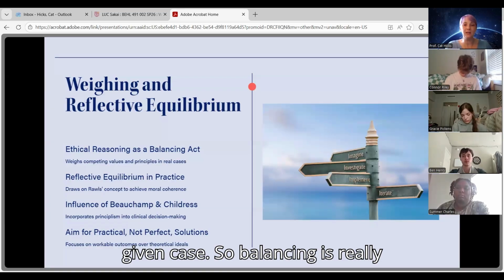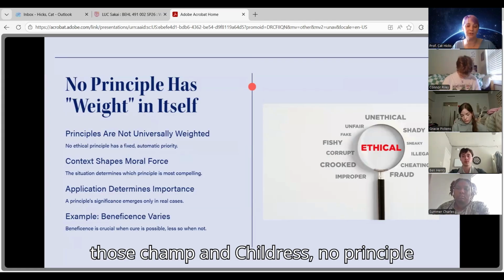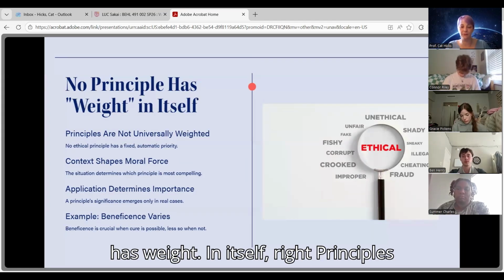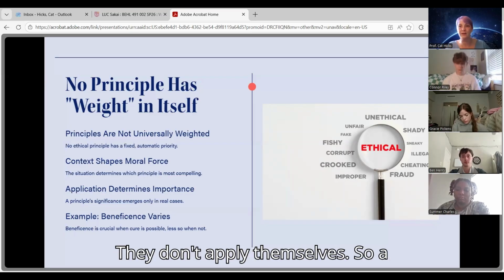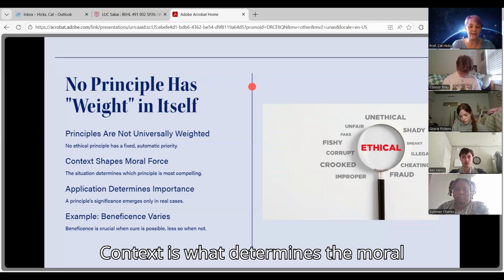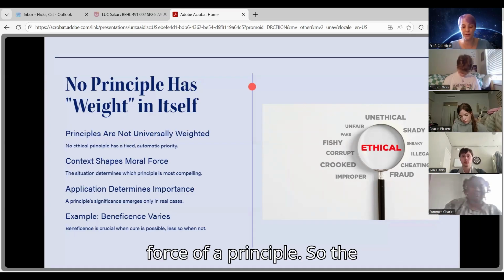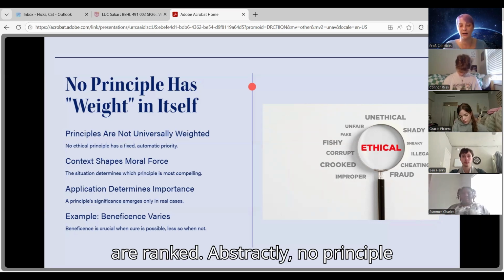So balancing is really necessary because, as we discussed with Beauchamp and Childress, no principle has weight in itself, right? Principles don't carry a fixed intrinsic weight, they don't apply themselves. So a principle gains weight in application. Context is what determines the moral force of a principle. So the authors reject the idea that principles are ranked abstractly.